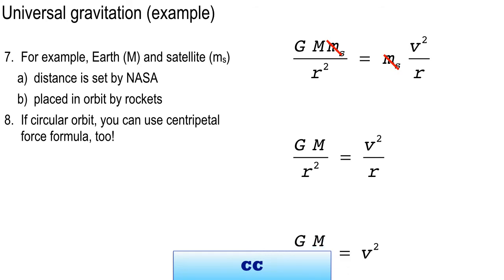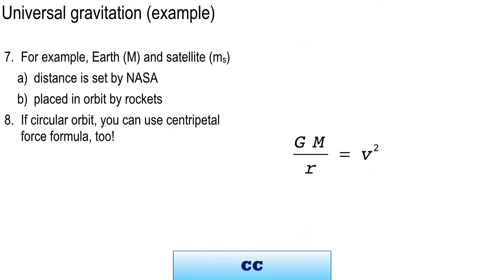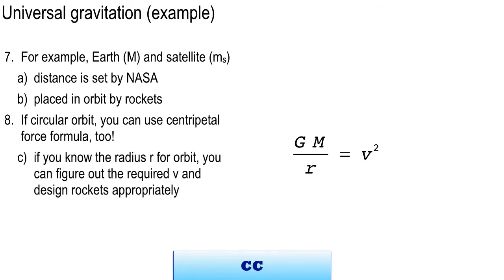Oops, I got that CC in the way there. Let me go to the next. There it is. Okay. So there's your total cleanup. Capital G, capital M in the numerator on the left, divided by r in the denominator on the left. And that's equal to v squared.